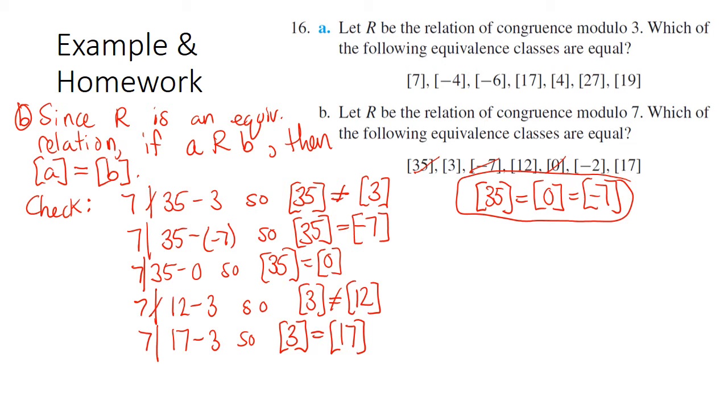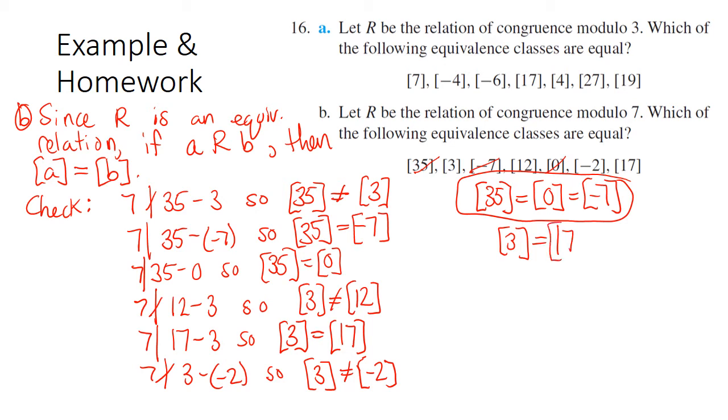I think everything but negative 2, but 7 is not going to divide 3 minus negative 2. So those will not be the same. So far what we have is the congruence class of 3 is the same as the congruence class of 17, but none of the others are the same as those.